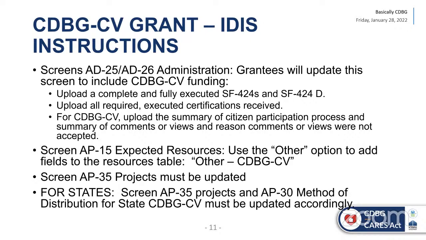In the AP15 screen, you will enter expected resources for CDBG-CV funds. You will use the other field. And also, most important is the AP35 screen. You will enter the projects that you planned for the CV funds. For the states, there's an additional screen you have to update, which is AP30, the method of distribution screen, which has to be updated as well.